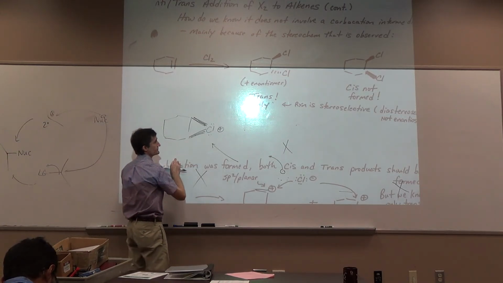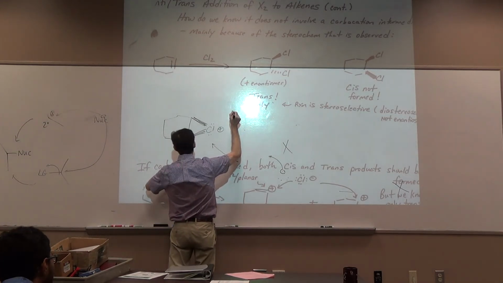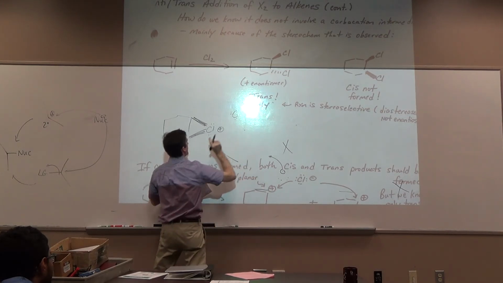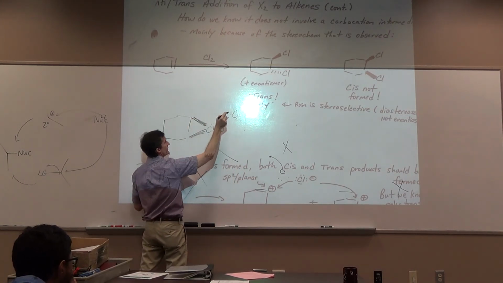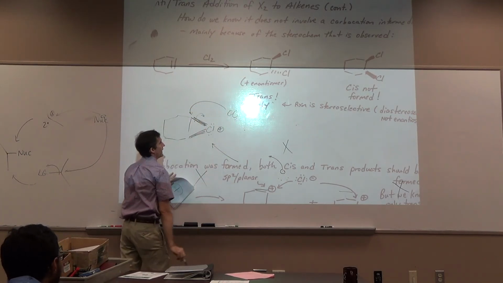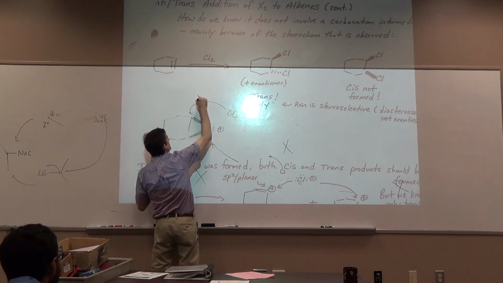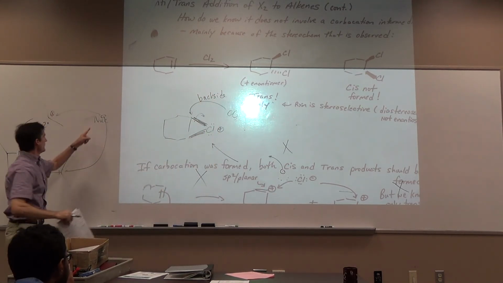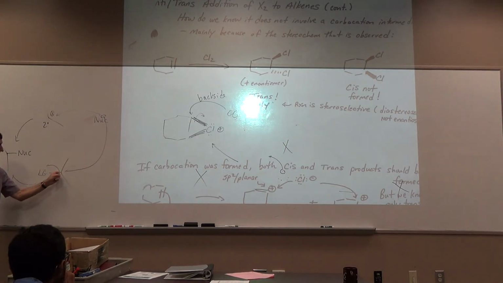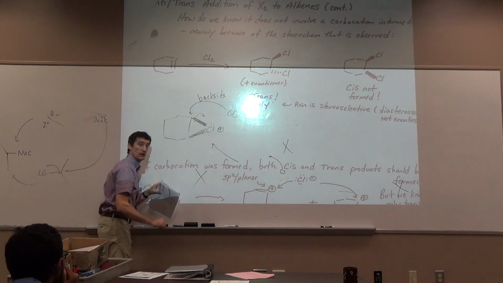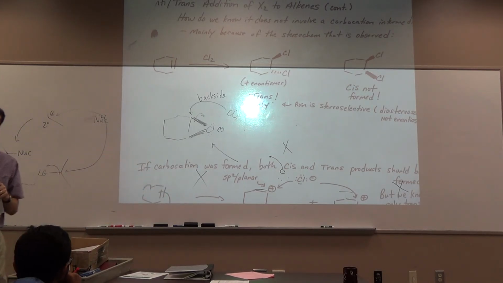You get this. Now the other chlorine comes forward. And when it comes forward, it's going to attack here. How does it attack? This is backside. Anytime you attack and kick something off, it's backside. So if the chlorine is forward, where's backside?